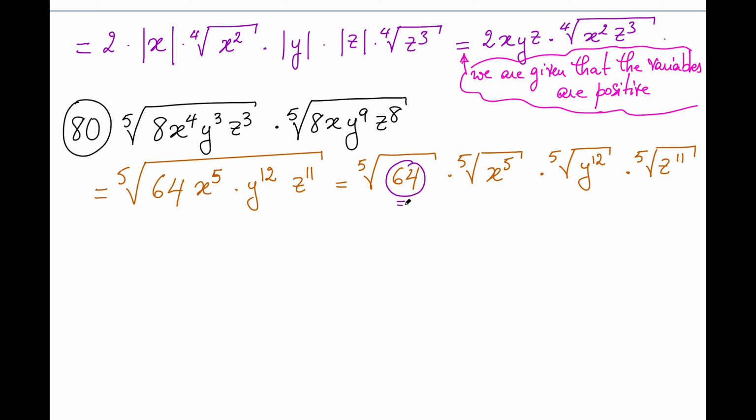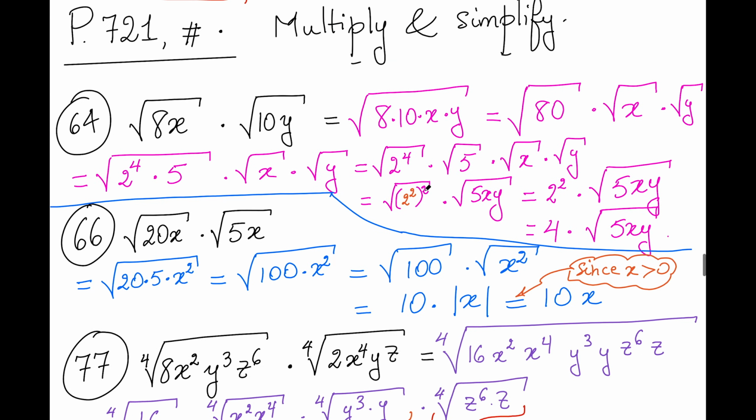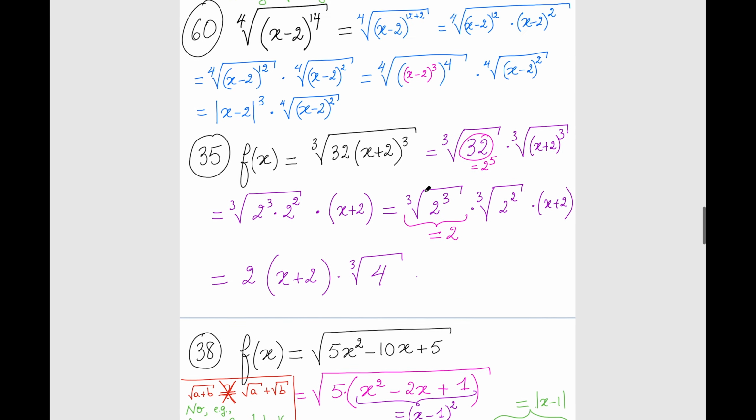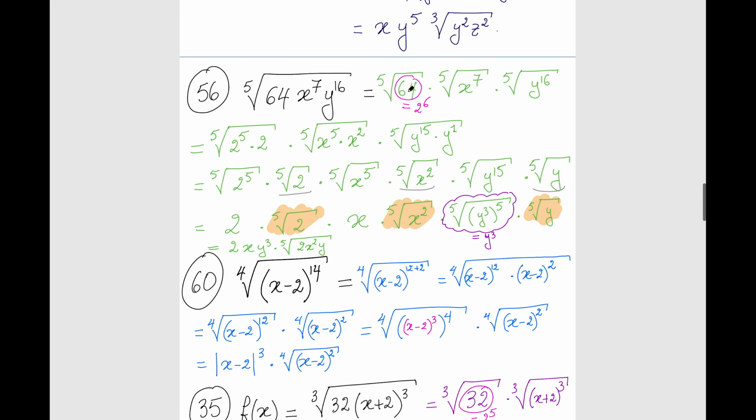64 is 2 to power 6. Correct? We dealt with this before. Where is it? I forgot. It's right there. 64 is 2 to power 6. I think we dealt with the whole thing, and we found that it's 2 fifth root of 2 at the end of the day.